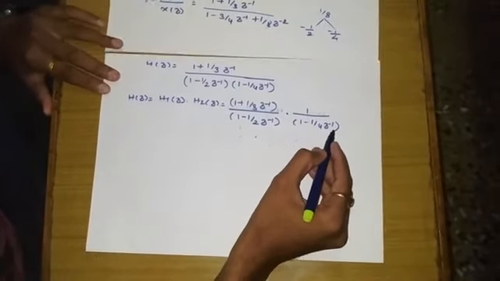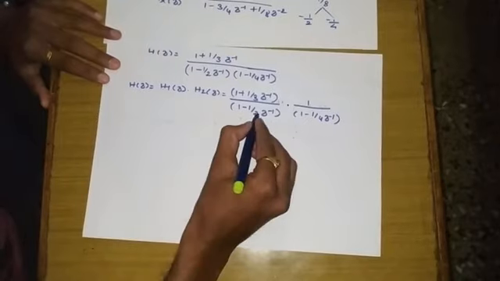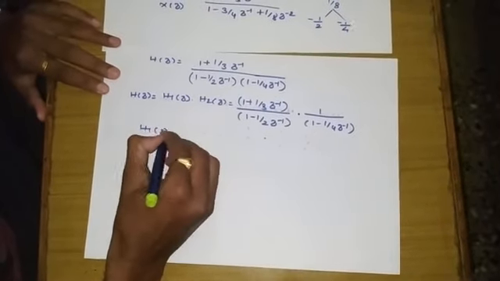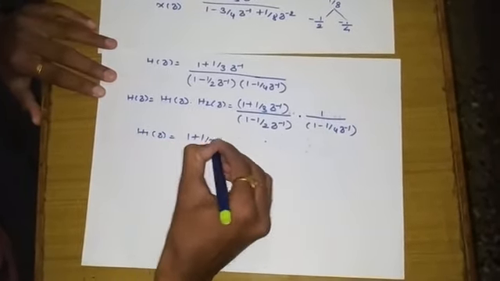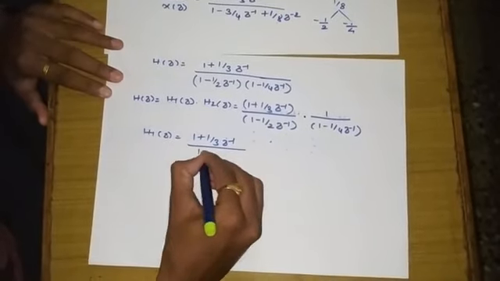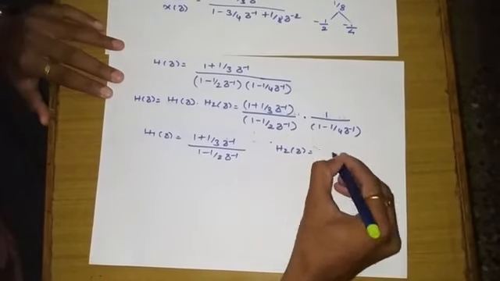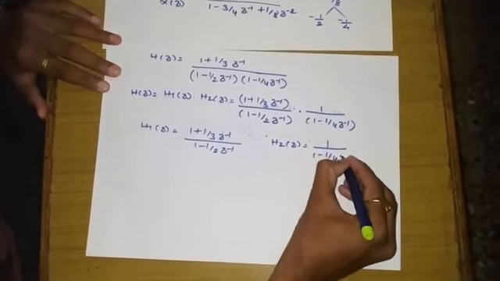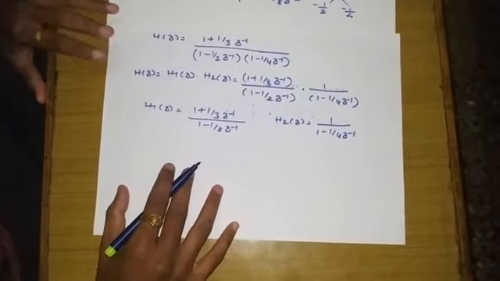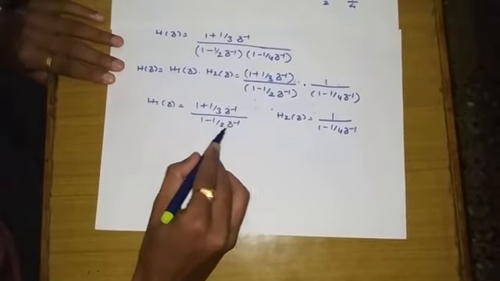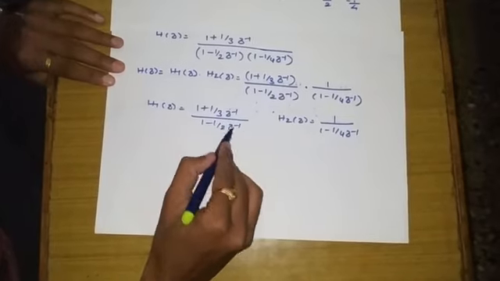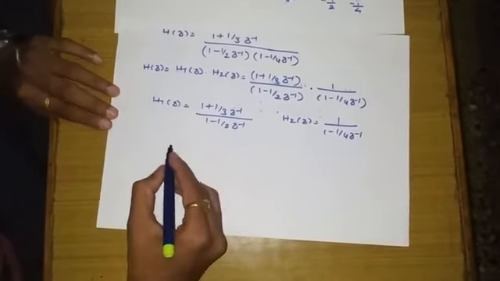Now this is our H1 of z and this is H2 of z. We'll realize this using direct form 2 realization. As far as H1 of z is concerned, we have 1 plus 1 by 3 z inverse over 1 minus 1 by 2 z inverse, and this is H2 of z as 1 minus 1 by 4 z inverse. Now coming to this point, you can see the numerator and denominator both have only one delay element, so we'll adjust them.